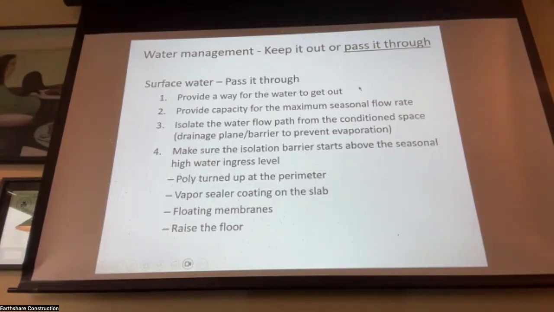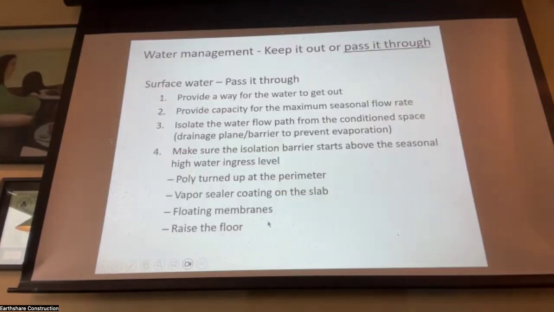So you want to provide capacity for drainage in the basement, that is, capacity for the maximum seasonal flow rate. You want to isolate the flow path from the conditioned space, so you don't have evaporation into the basement or crawl space. And you want to run the poly that you put on the crawl space floor or basement floor up the wall far enough to be above the ingress level of the seasonal high water tables.